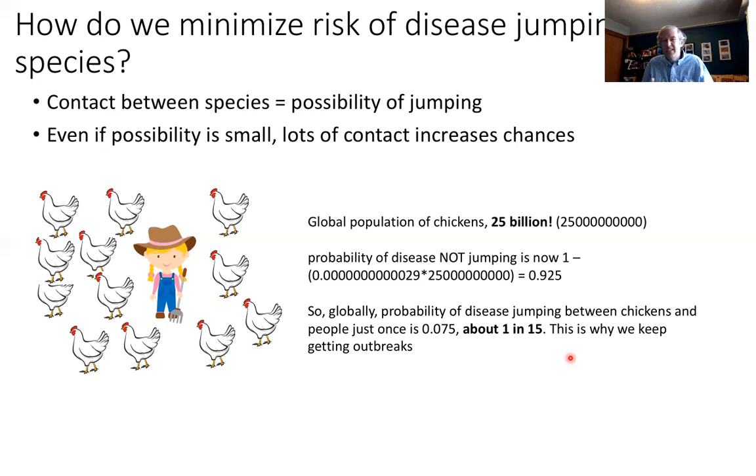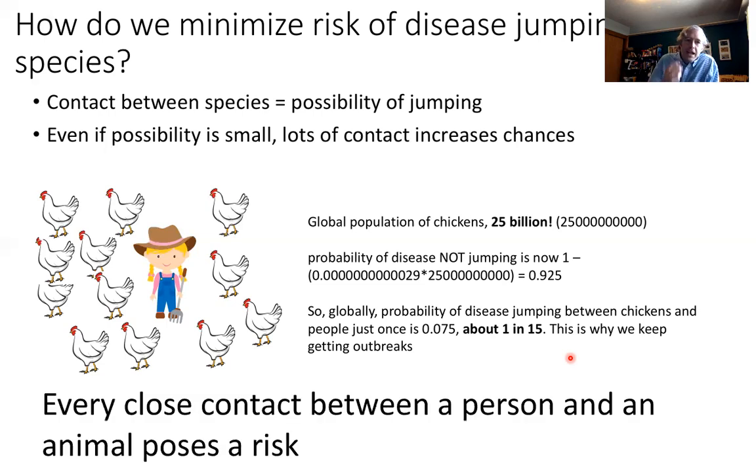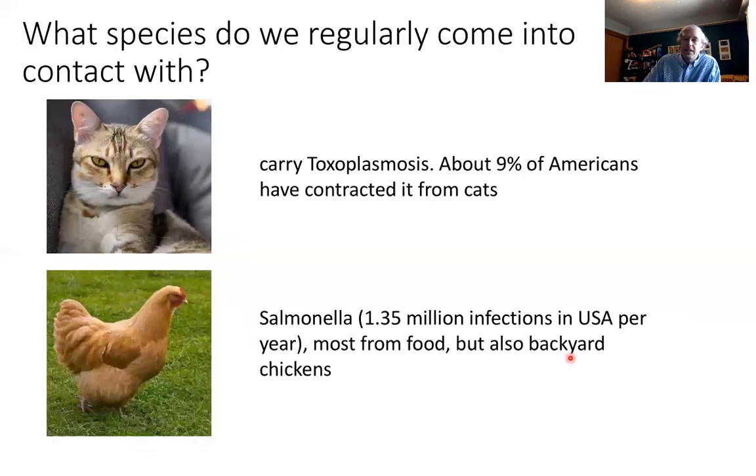Even though the risk is tiny, we're doing it so often that we keep getting outbreaks. Every close contact between a person and an animal poses a risk. That risk might be tiny, but if we have lots of contacts between people and animals, it massively inflates the risk. Okay? So let's have a think about what species we regularly come into contact with?